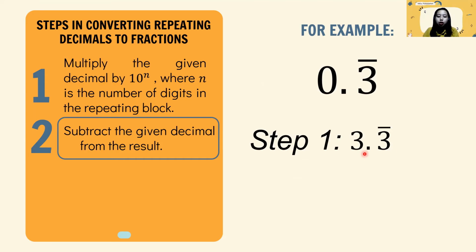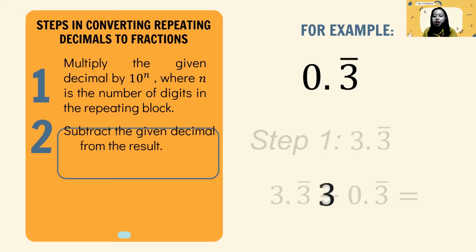Okay, so what we're going to do is subtract the given decimal from the result. So this will be the solution, 3.3 minus 0.3. So what's the answer? That's right. The answer will be 3.